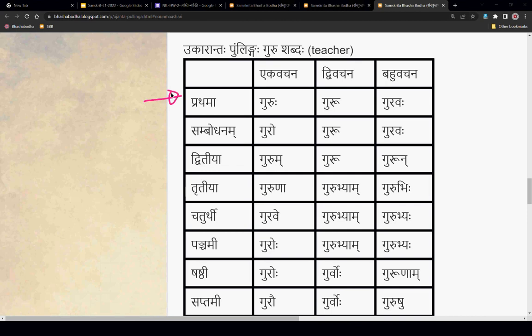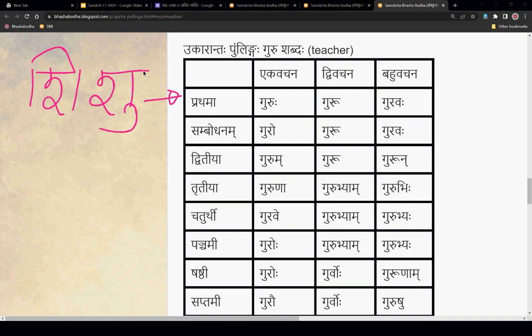Sun. Surya. Then we have other examples. Denu becomes Strilinga. Here we have again Pullinga, Shishu. Shishu means baby.